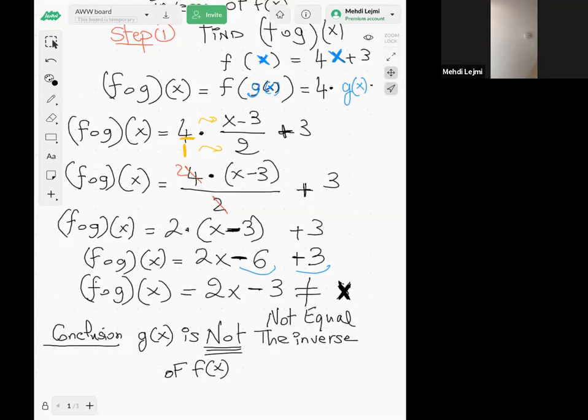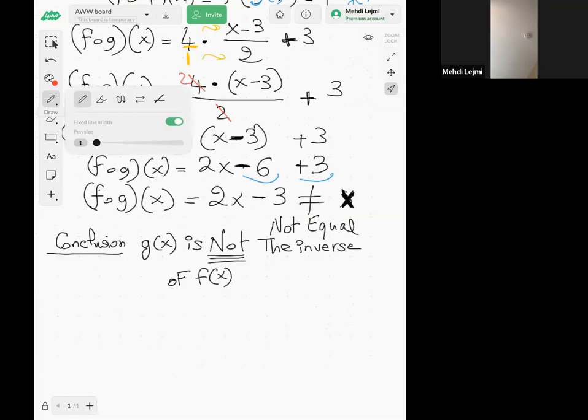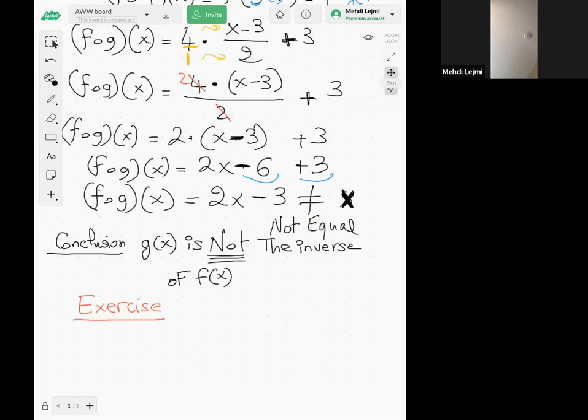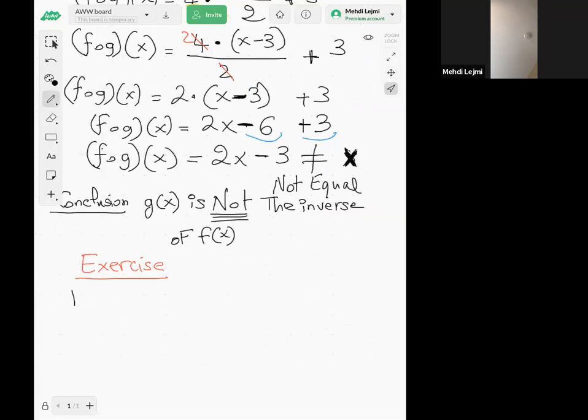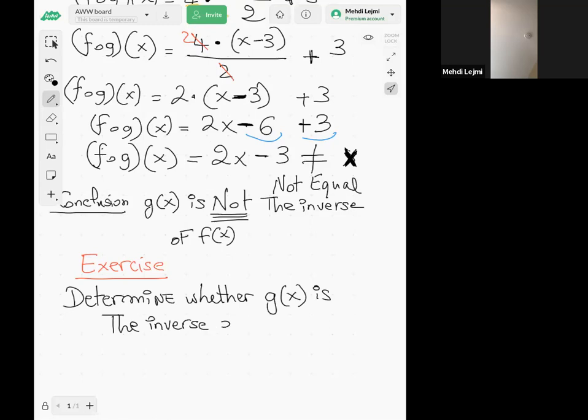So here's an exercise: determine whether g is the inverse of f.